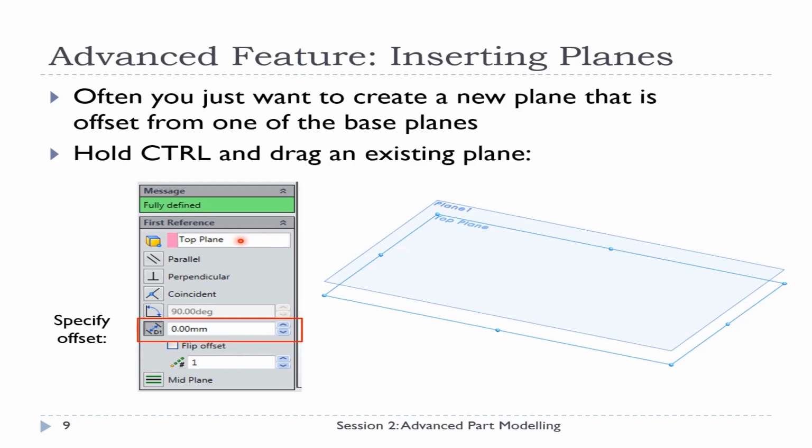So to do that, we can effectively select the plane that we want to offset. So in this case, top plane is selected, and then we can define the offset distance from the options. So this will create another auxiliary plane parallel to the selected plane with specified distance.